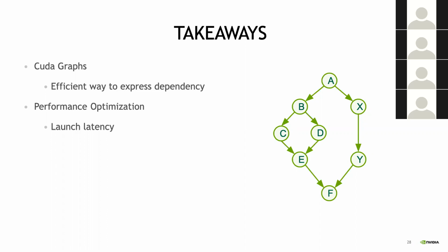And for takeaways, I do kind of like to think about the economy of scale with code. Say if your kernels are really long and they take a really long time, then launch latency is just a very tiny amount of that total execution time.